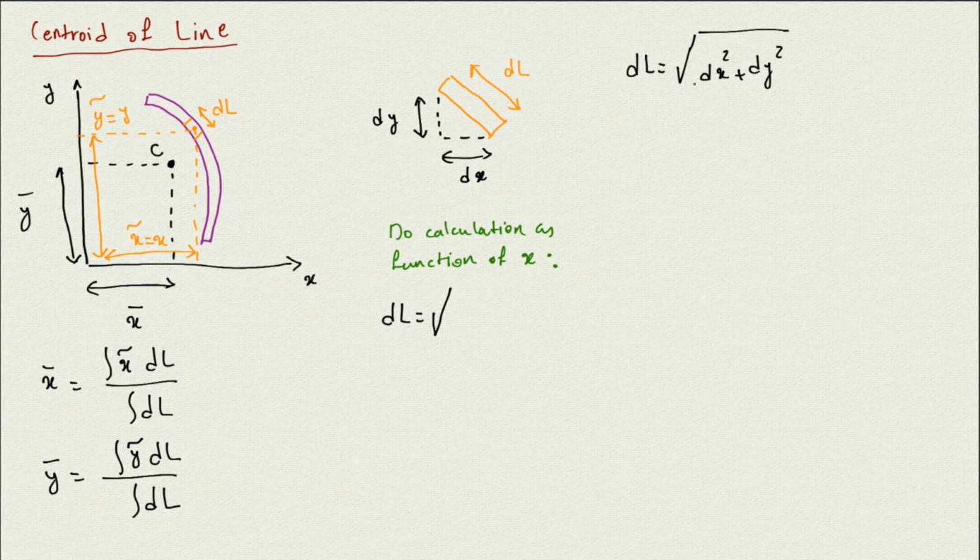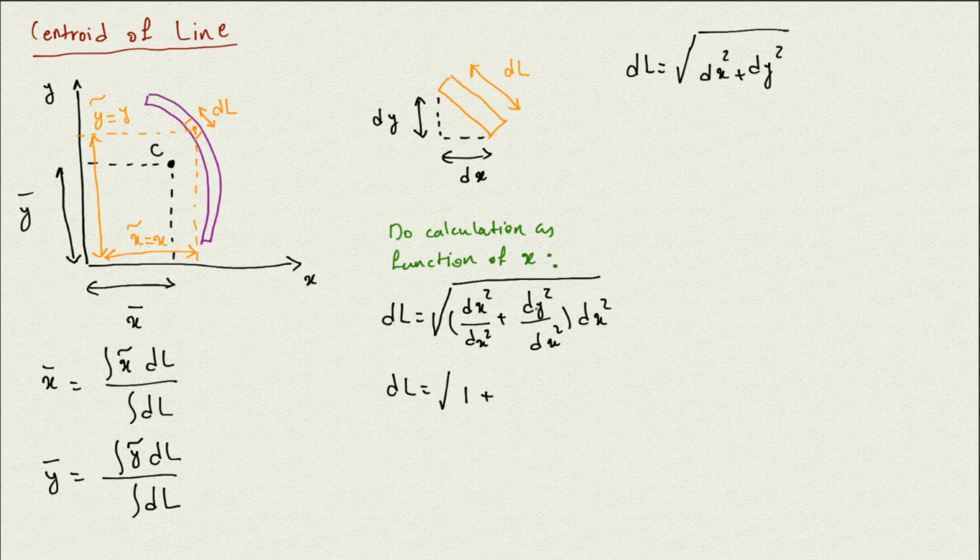I'm going to divide everything by dx squared. So it's going to be dx squared divided by dx squared plus dy squared divided by dx squared, and then times them by dx squared. If I do the calculation, dx squared divided by dx squared is going to be 1.